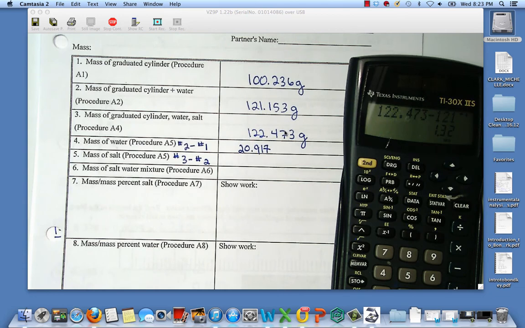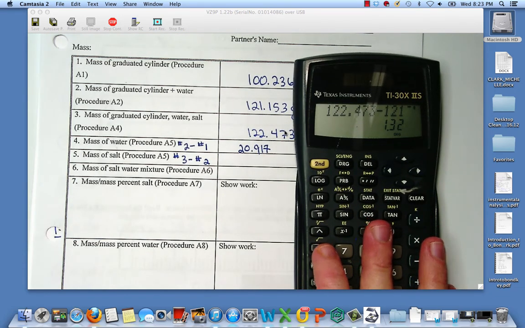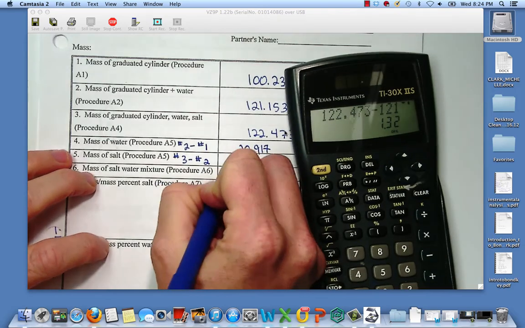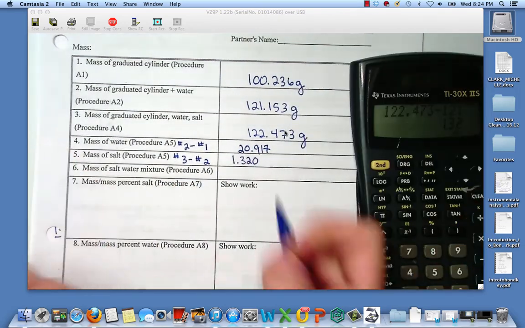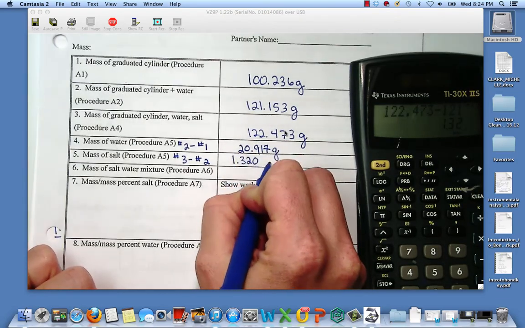Perfect. Okay, so for Jen's data, the mass of the salt, this is what my calculator tells me. How would I adjust that to the correct number of significant figures? Add a 0. So 1.320. And notice I haven't put grams either. So I need to carry out my units. These are grams.